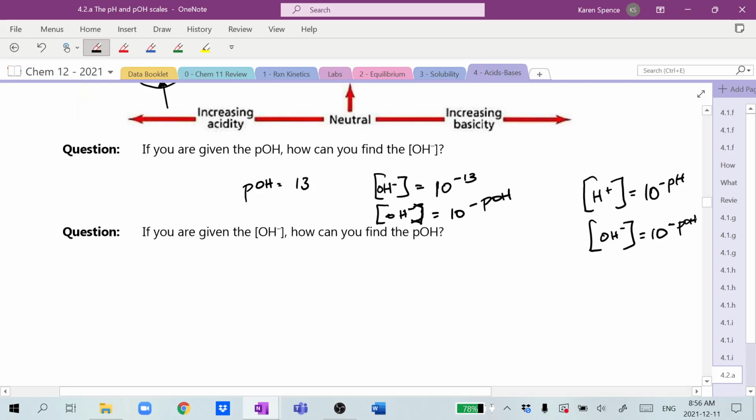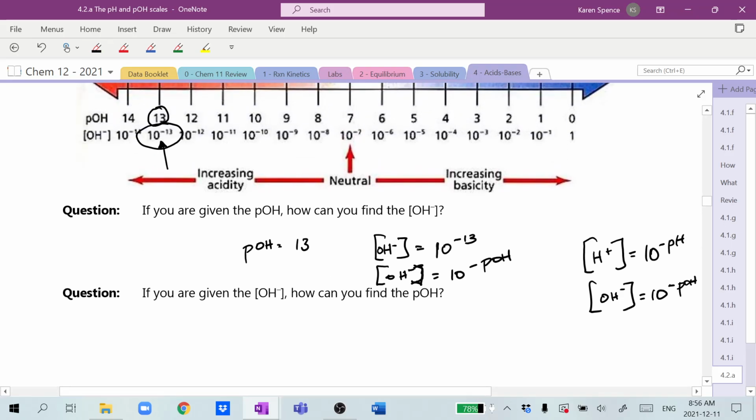If you are given the hydroxide, how can you find the pOH? Well, again, it's a little bit confusing, possibly, if you're not super duper with logs, but if I give you, say, a concentration of OH equals 10 to the negative 9, well, if I take the log of that, log of 10 to the negative 9 is negative 9.